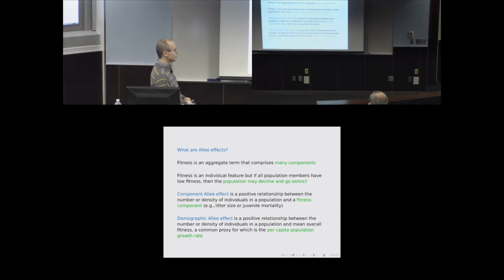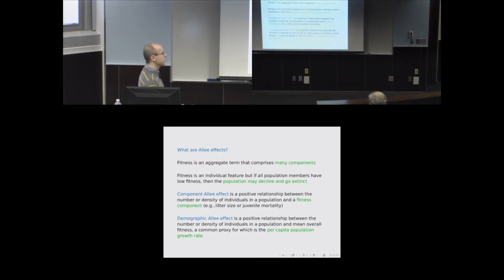Demographic Allee effects occur when this relationship occurs on the level of the total population, the total fitness of individuals. So when we put together all the fitness components, we still get positive density dependence at low population densities or small population sizes, then we speak of demographic Allee effects.